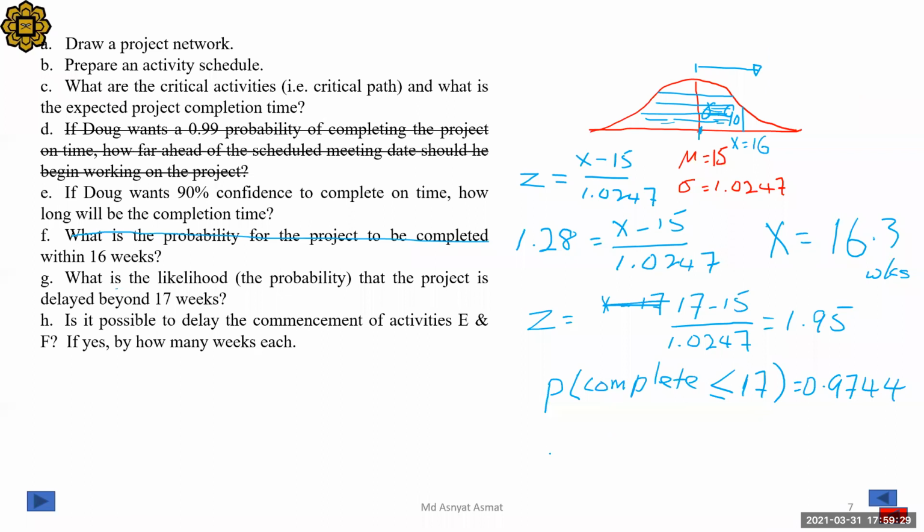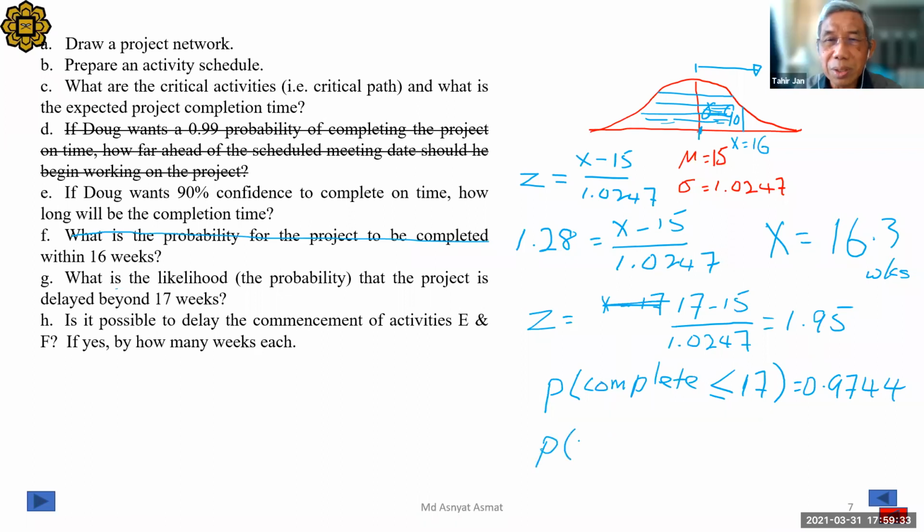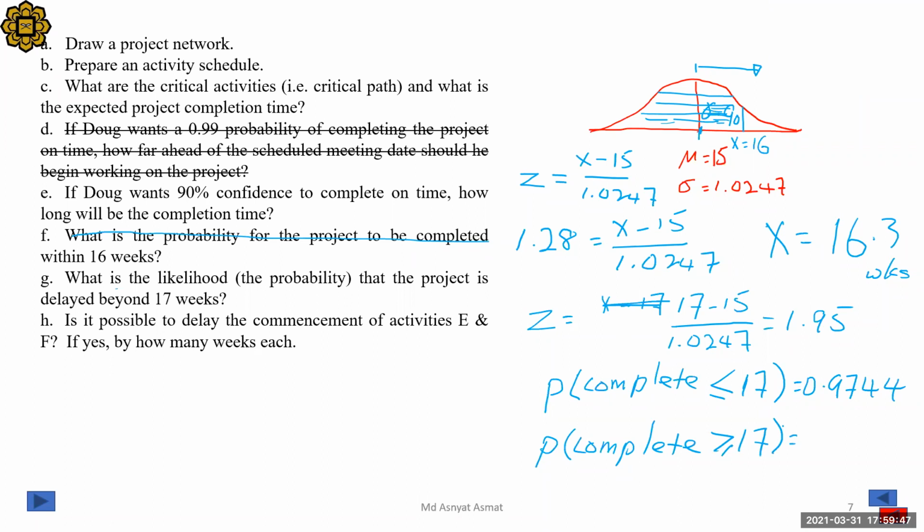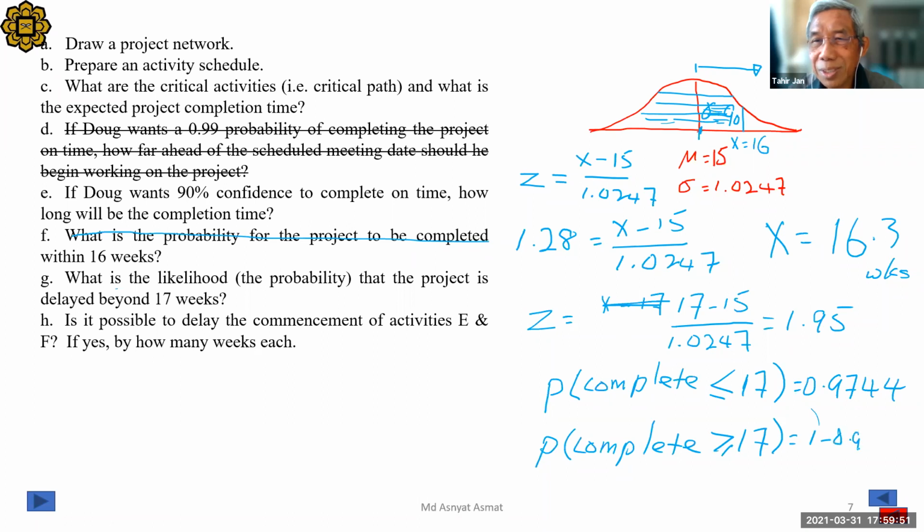Now if I were to ask a similar question, complete more than, that means delay more than 17 weeks, I think you can answer me already. 1 minus 0.9744. So easy.